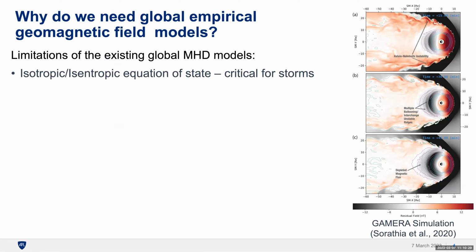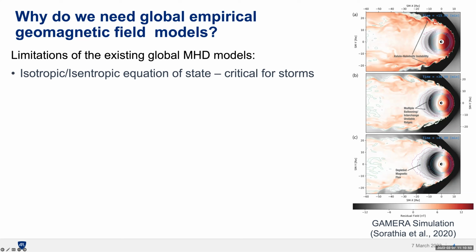So you might ask, these first principle models have made drastic advancements in recent years. Here's an example of a Gamera simulation showing some of the cool features that it now resolves, like KH instabilities and these earthward flowing bubbles that penetrate into the inner magnetosphere. But MHD models have limitations.